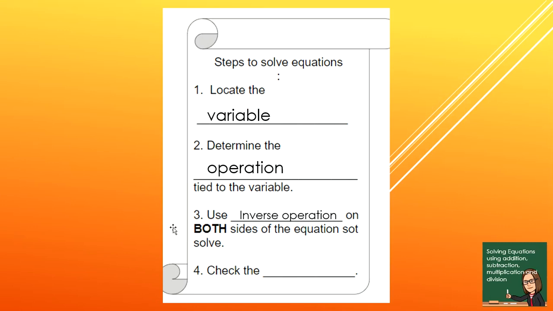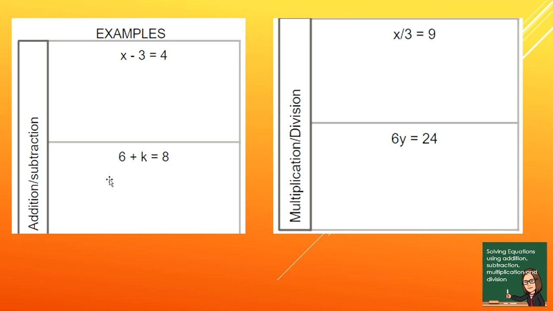That's why it's bolded and in capital letters. Both sides of the equation to solve. Okay? And then you check the solution. It's hard to remember to check the solution, but if you check it, you can make sure that you did it correctly. So now we are going to go through 4 different examples: addition, subtraction, multiplication, and division.